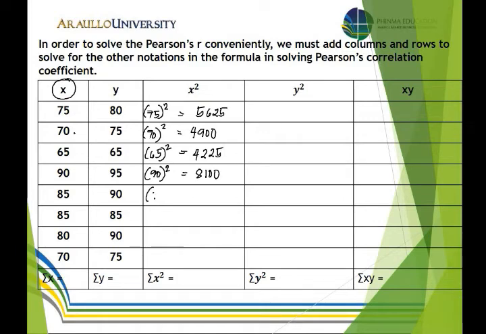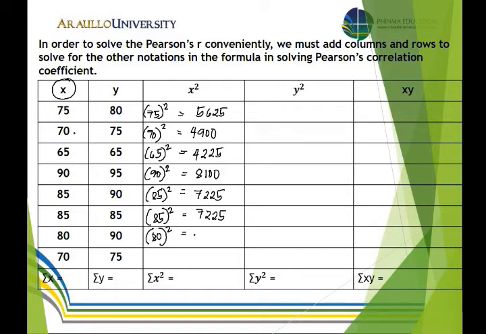And then again 85 squared is 85 times 85 is 7,225, and then 85 squared again, so we have 7,225, and then we have the 80 squared.